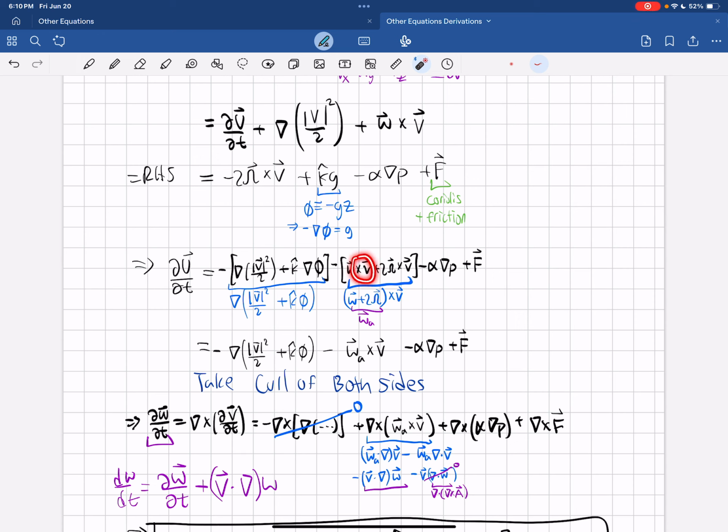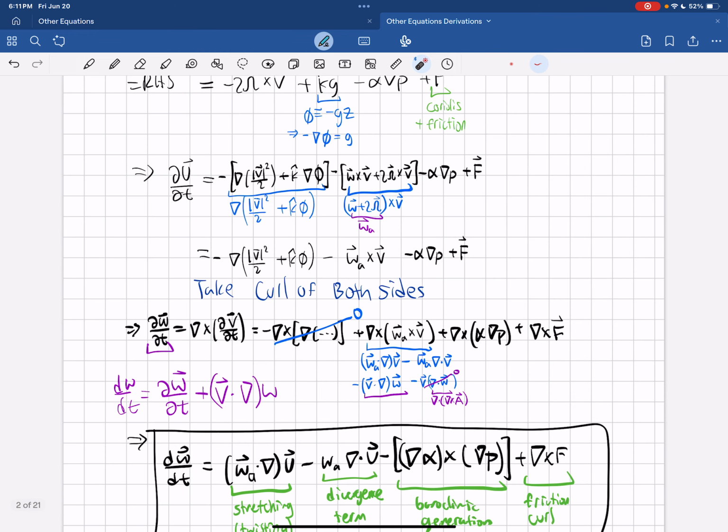So here you have a cross v, here you have a cross v, so it's omega plus 2 omega vector cross v vector. I'll show you what this omega vector is later, but this is defined as omega A, the non-inertial vorticity. So this is vorticity, this is inertial vorticity, and together it's non-inertial vorticity. I'll show that in a second as well.